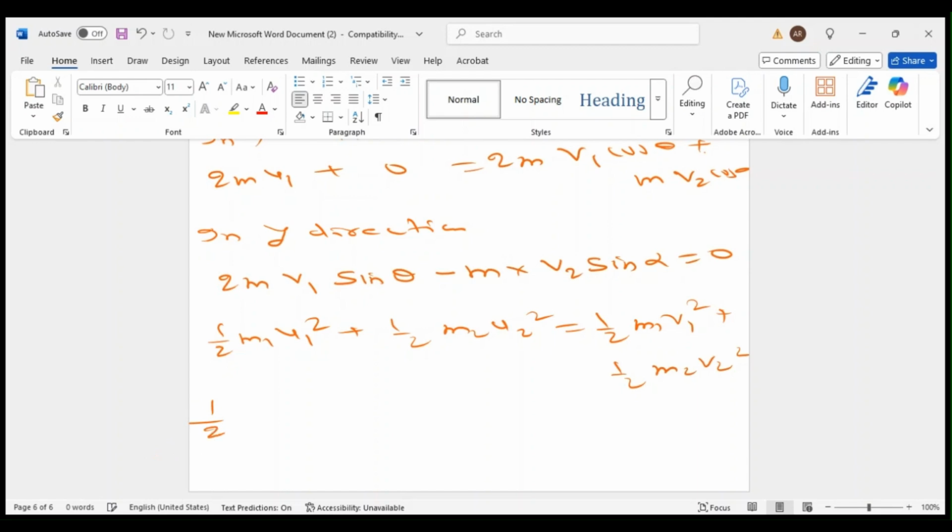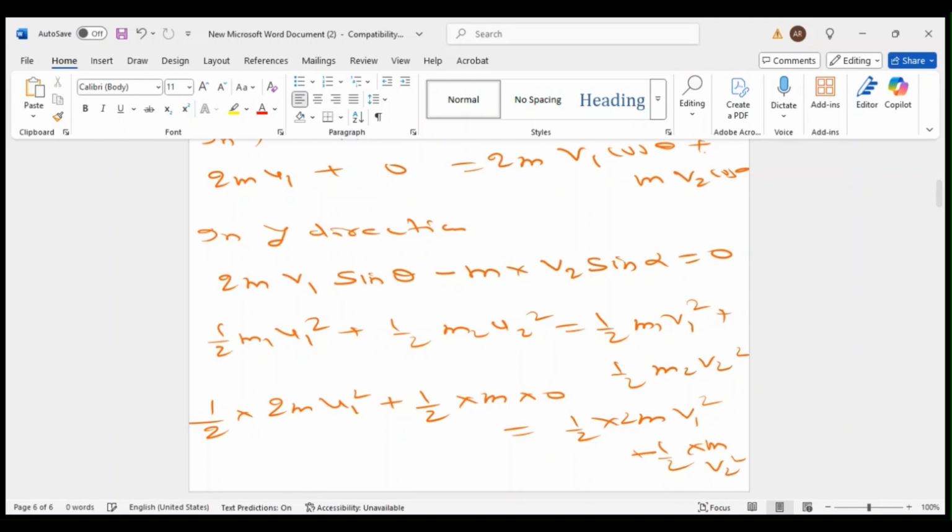We have half of 2m, initial velocity u1 square, and next half of mass m, initial velocity is 0, which is equal to half of 2m v1 square. We are taking the resultant v1 here, and this is half of m into v2 square.